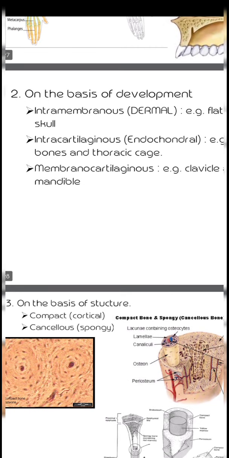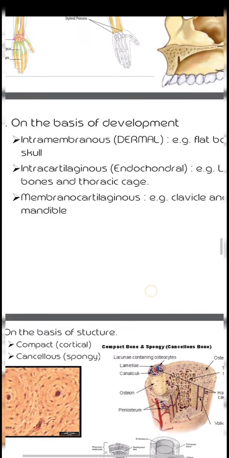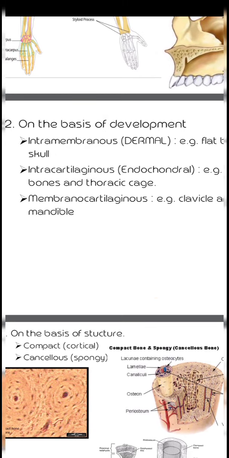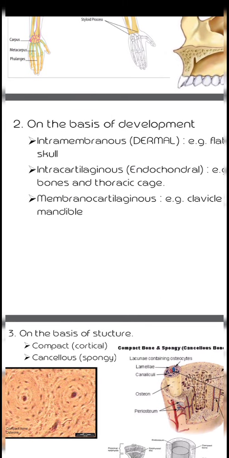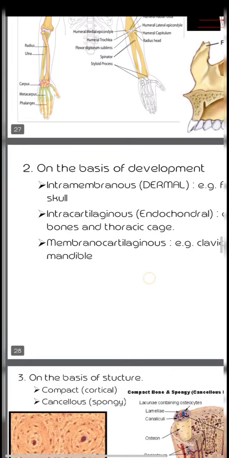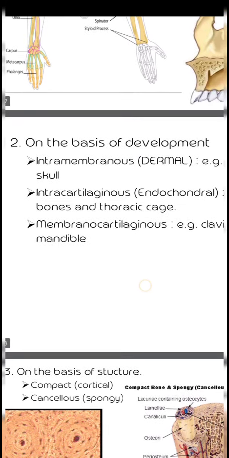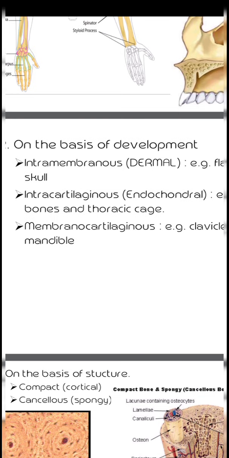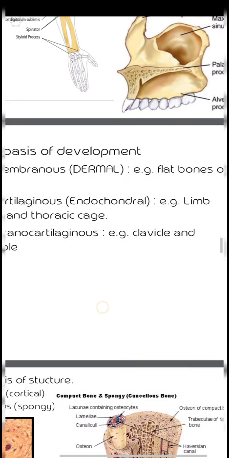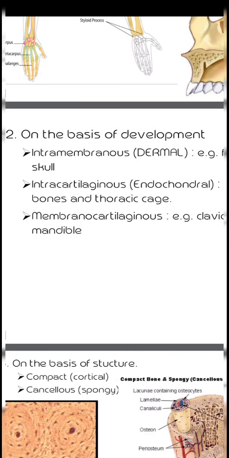Okay, so let's classify bones on the basis of their development. They can be classified as intramembranous or dermal, intracartilaginous or endochondral, and membranocartilaginous bones. What is intracartilaginous?